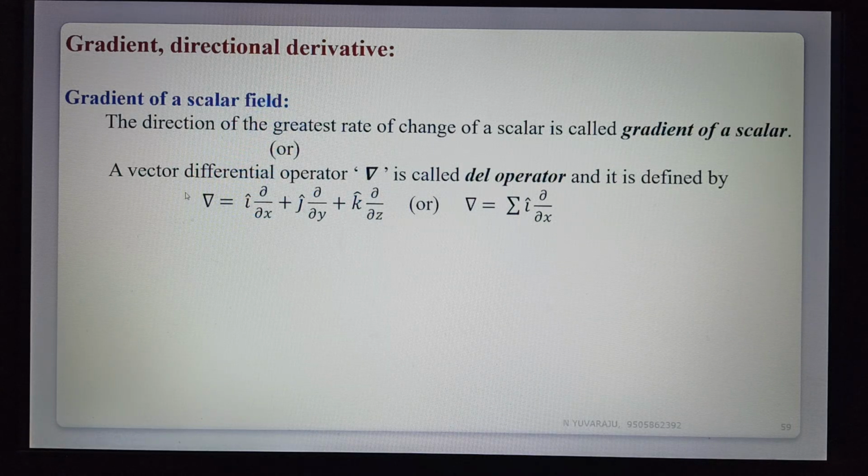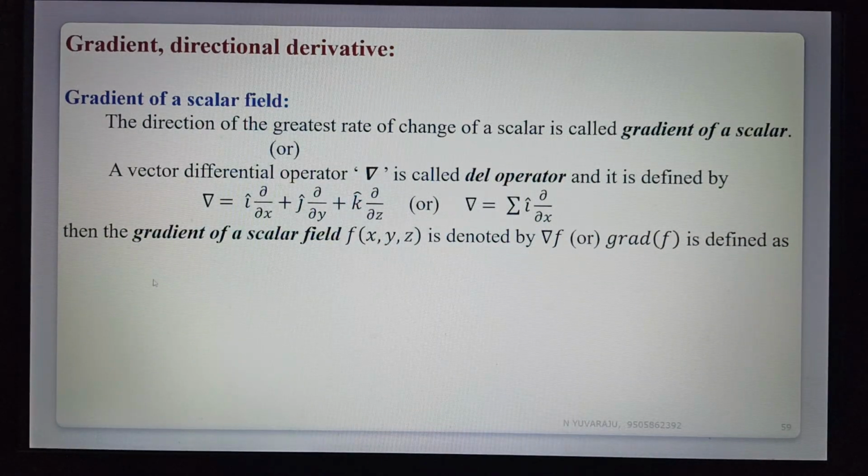Because the function, scalar or vector, has more than one variable, these are partial derivatives. The simple form is the summation of i dou by dou x. This is called the vector differential operator.